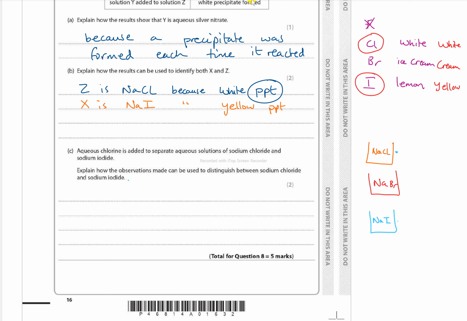If you reacted sodium iodide with sodium chloride, you would get no reaction because chlorine is stronger than iodine in terms of reactivity.